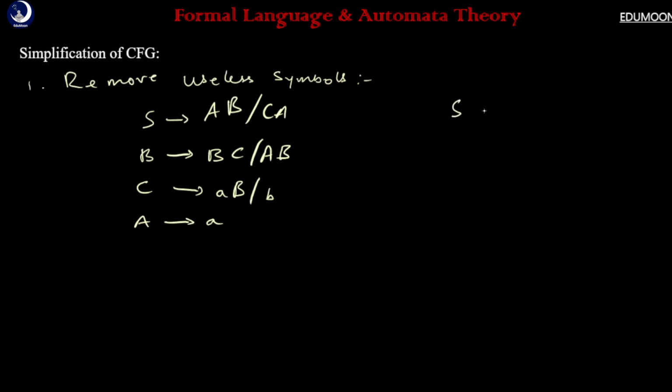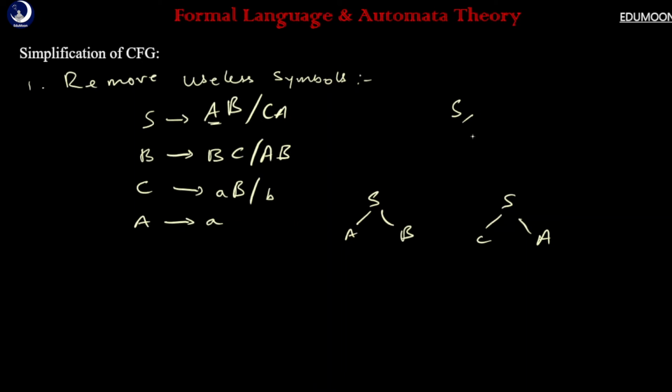S is the starting symbol, so that is a useful symbol. Next, the symbol A is being generated from the starting symbol S. When you draw the tree, S can reach A and B, and S can also be derived as C and A. So S derives A, B and also C. All these are useful symbols as of now.